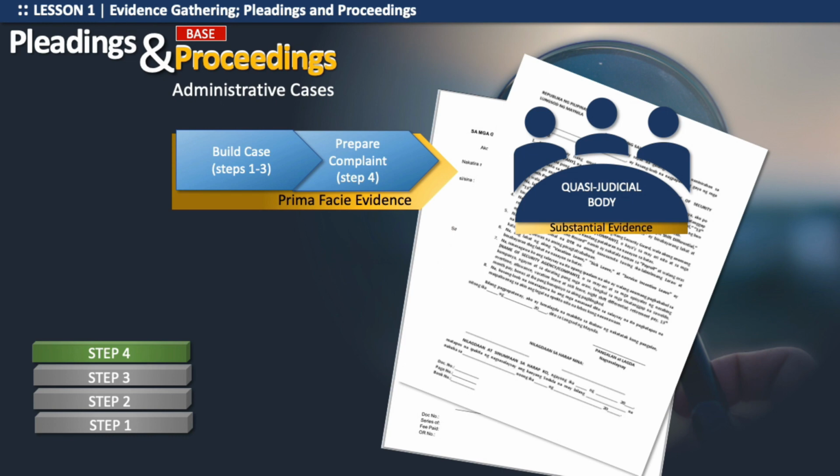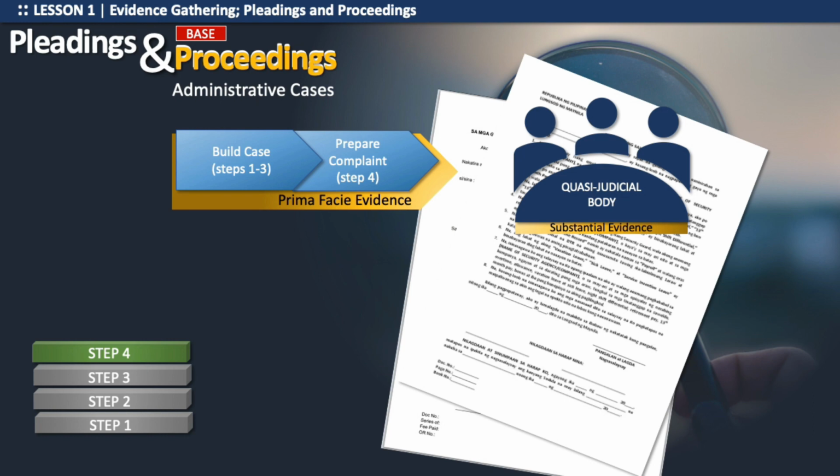When we're talking about substantial evidence, you might remember in our definition earlier, we said that substantial evidence is such relevant evidence that a reasonable mind might accept as adequate to support a conclusion. So it's a relatively low standard, as we said before, but definitely higher than prima facie evidence.